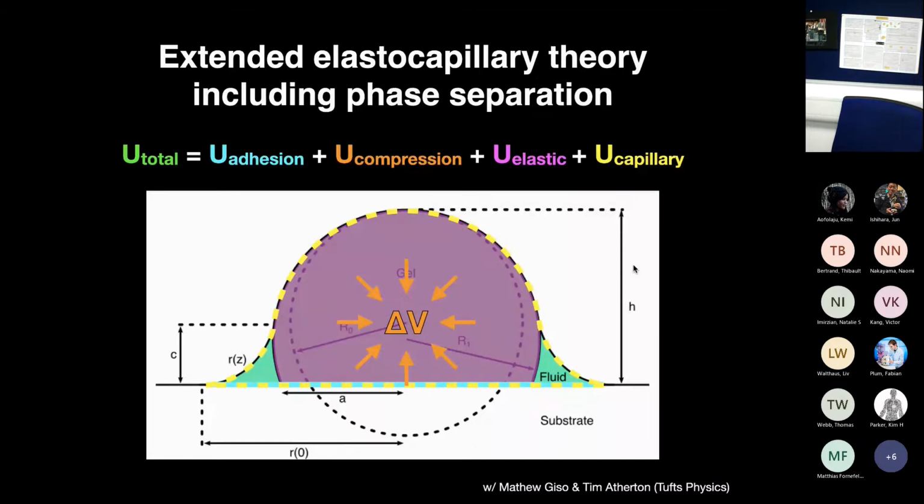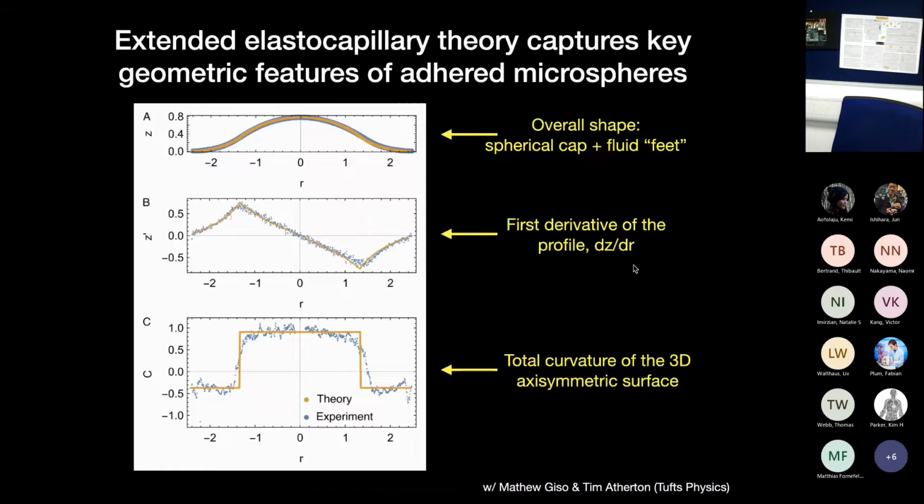So putting all of that together, it's a bit more of a complicated theory to work out, but we can start to compare the different theories with the data in different conditions. And the nice thing about the extended elastocapillary theory is that, as I mentioned, it captures the key geometric features of the adhered microspheres.